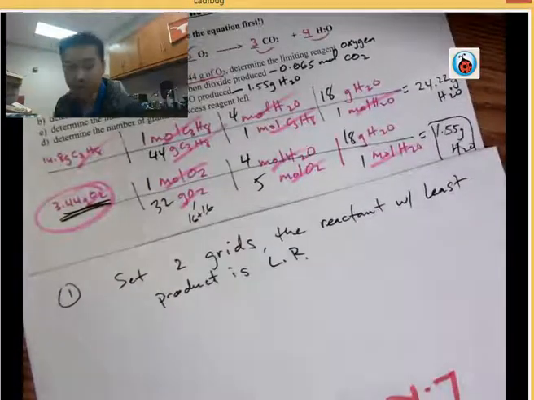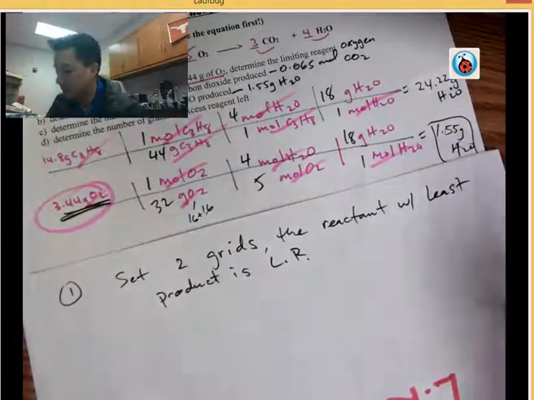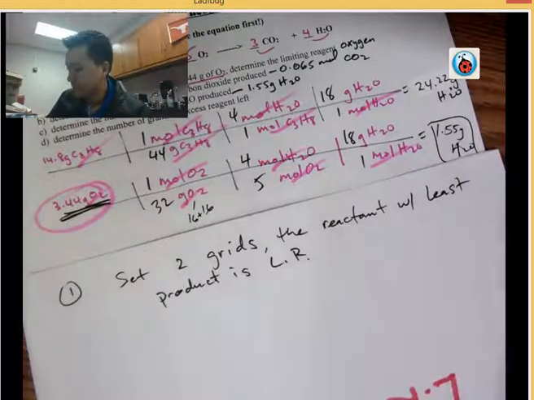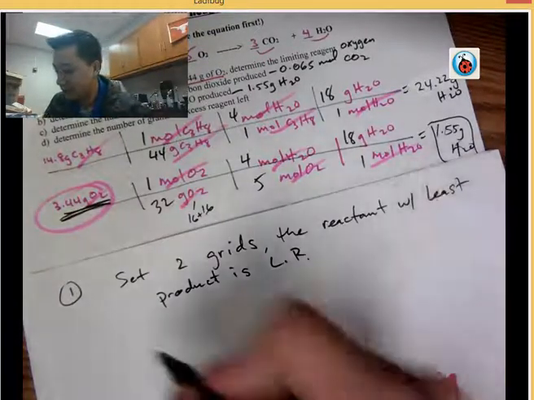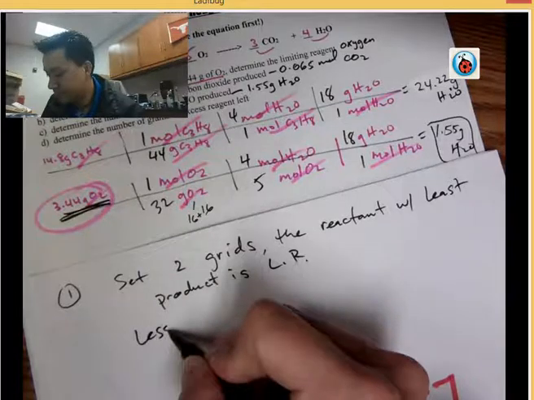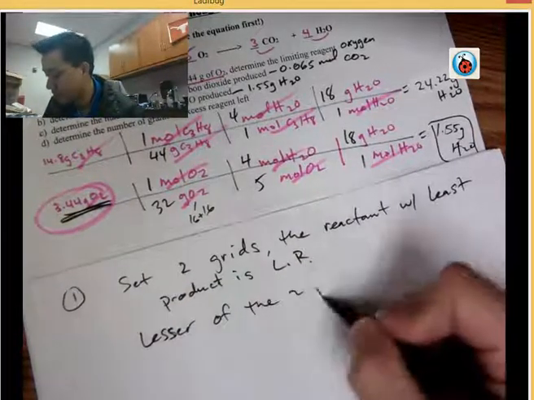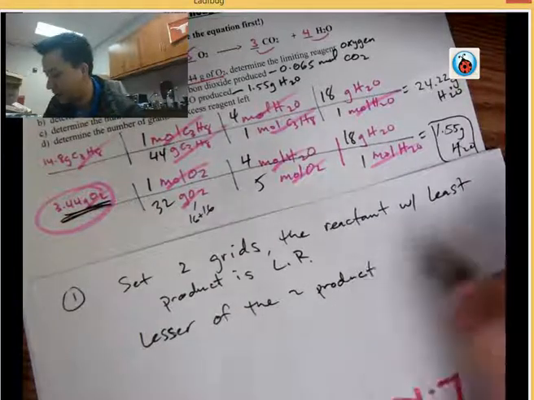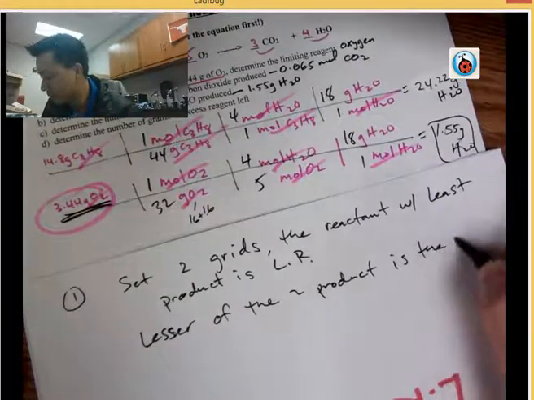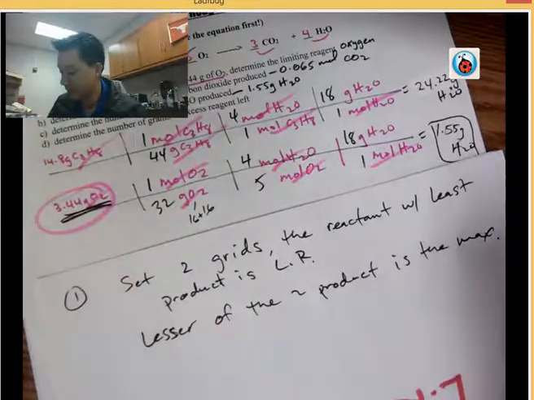The other is the excess. The lesser of the two products is the answer, the maximum product that can be produced.